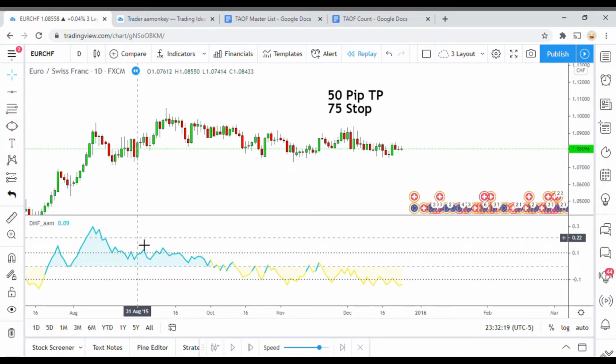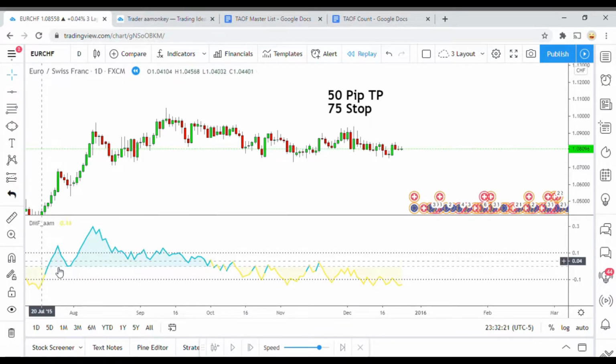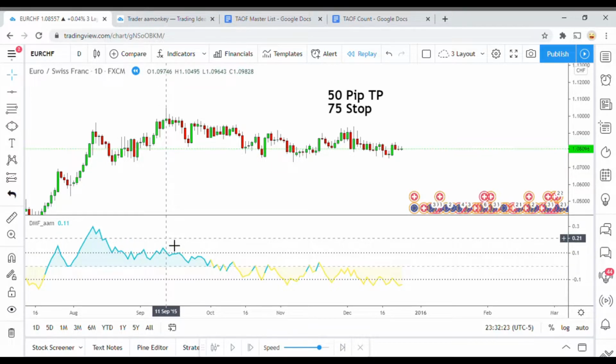But my philosophy is to test each indicator, even if we have tested a similar version of it before, because as long as the settings aren't exactly the same, with different settings and small tweaks in the calculations, we can get different results.